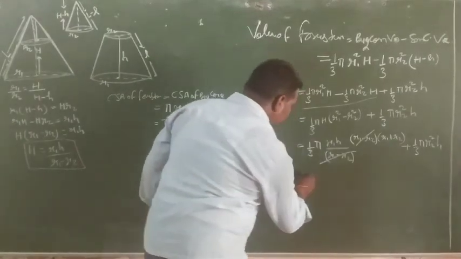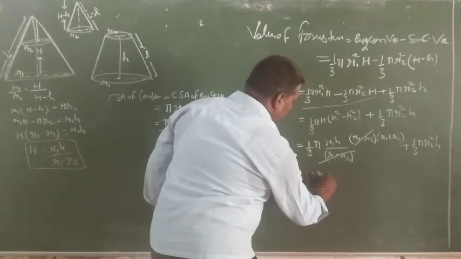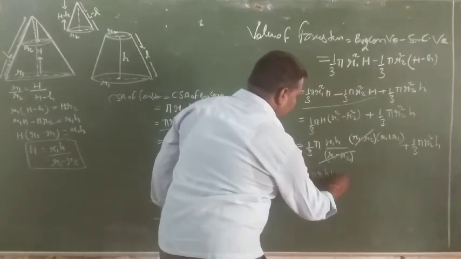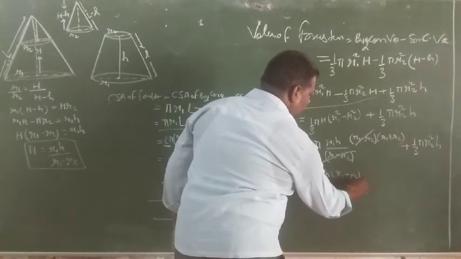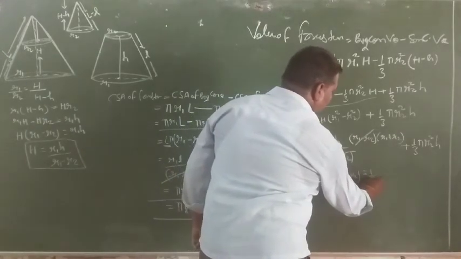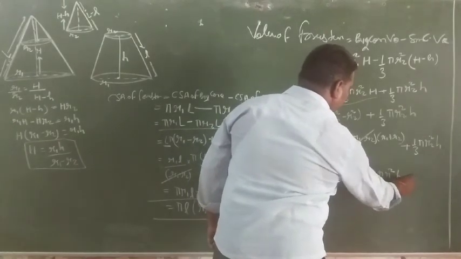Now remaining is 1 upon 3 pi R1 h and bracket R1 plus R2, plus 1 upon 3 pi R2 square h.